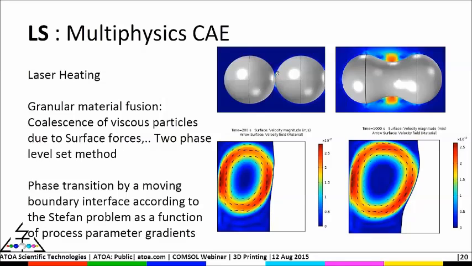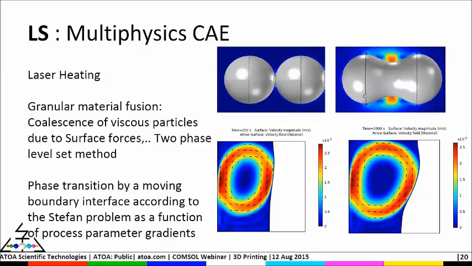So what you see here are two viscous particles, and the evolution, or the collision, of these particles. Simulation results are shown, which we did with the two-phase flow with the level set method. Initially, a meniscus will form, and due to the viscous and surface force effects, this will slowly merge, collide, and form fused granules.